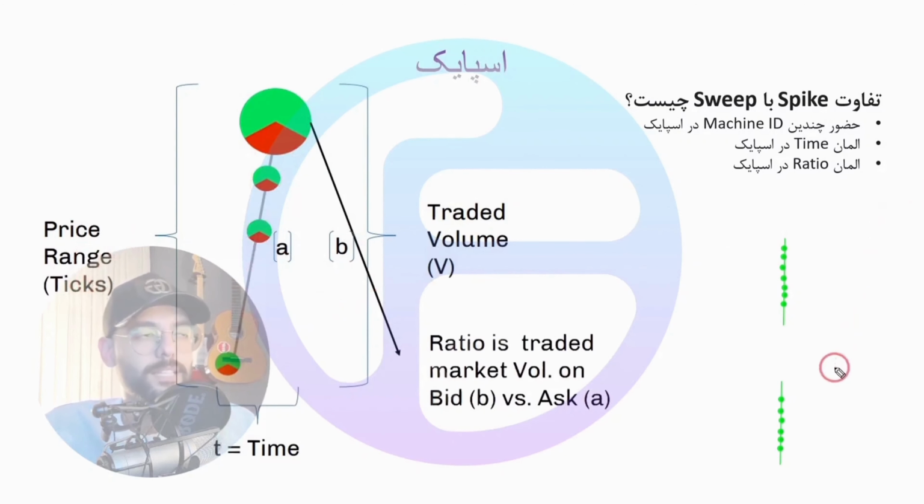Another point we have to discuss is that, look, in a sweep where one machine ID has moved the price upwards, for example, suppose that I, Elias, and say David intended to make a purchase. Now, someone named Elias, who I'll say hi to right here, sorry for using you as an example, has come and algorithmically swept this area, meaning he bought right here. Jason and I also intended to buy, but we didn't get the chance here, and the price moved upwards.